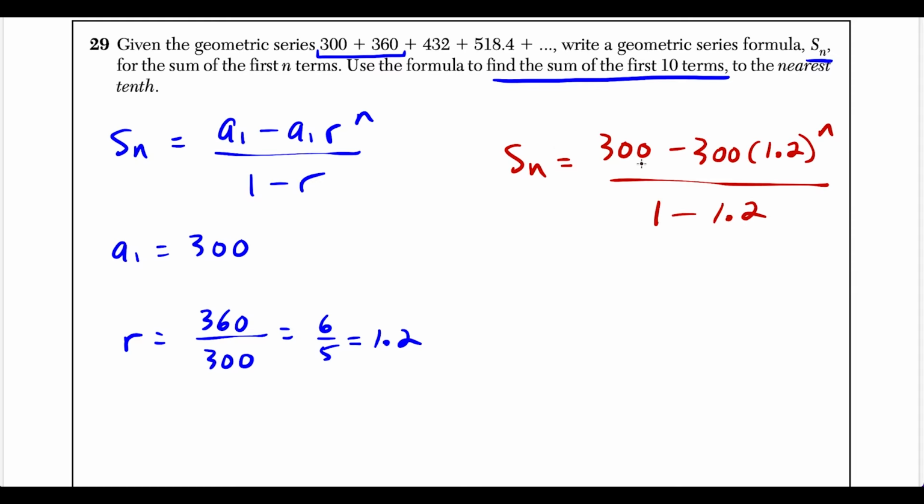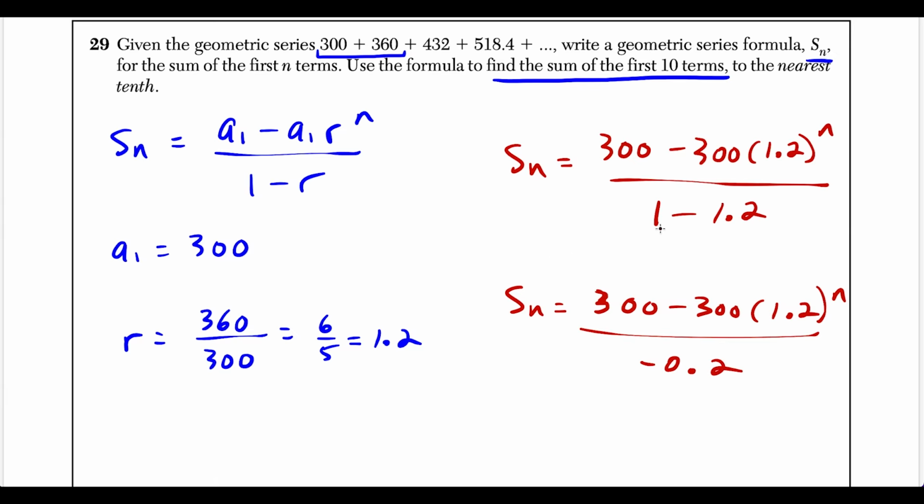They didn't tell us to simplify the formula, so we could stop here, but if that bothers you, you could call this 300 minus 300 times 1.2 to the n power, and if you were to do 1 minus 1.2, that would be negative 0.2 like this. So either one of these is fine, but we're going to use one of those formulas to find the sum of the first 10 terms. So just know we're going to be finding S sub 10. We're going to be plugging in n equals 10 to our formula.